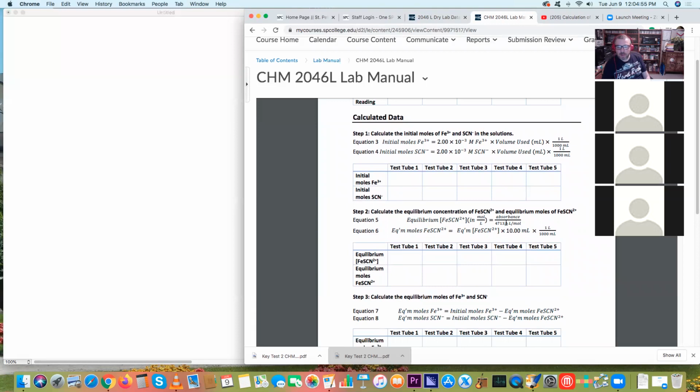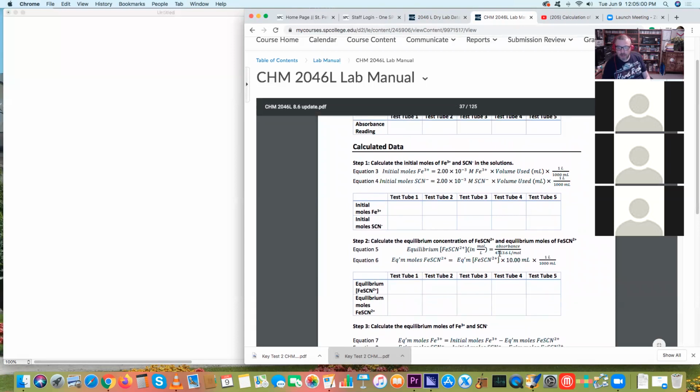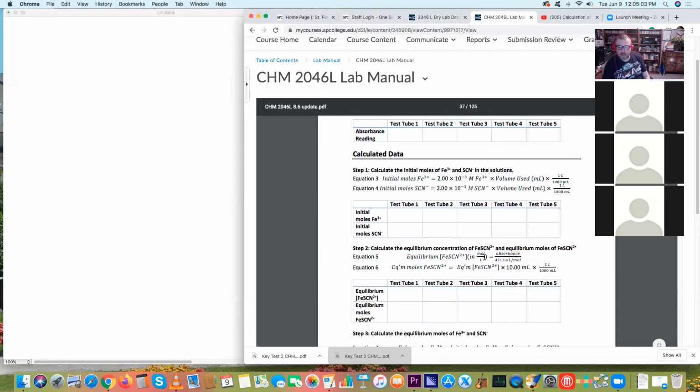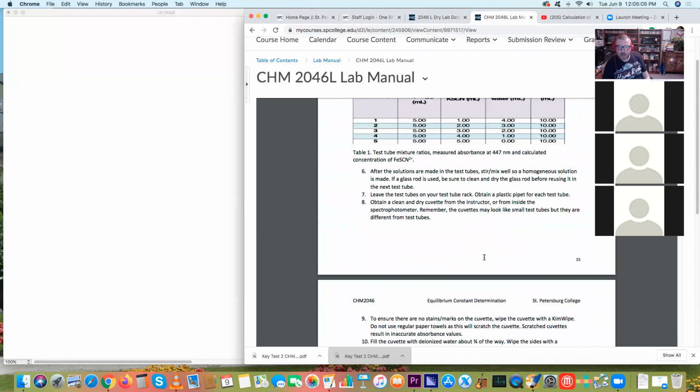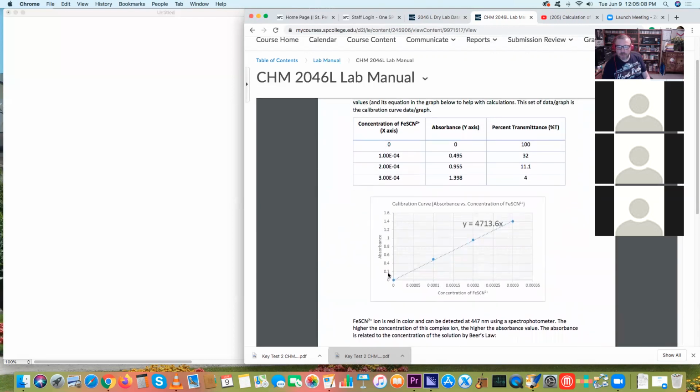We're doing that by taking the absorbance that we get up here and dividing it by this, which happens to be the slope of the line from an absorbance graph, where we took known concentrations of FeSCN2+, which is red, and figured out their absorbances. If we had an absorbance of 0.2, by running it across to the line, we could figure out what the concentration of the FeSCN2+ was. And that's exactly what we're doing here.